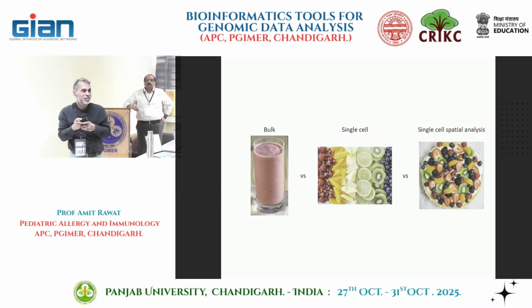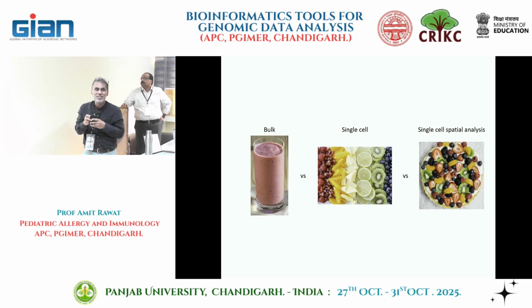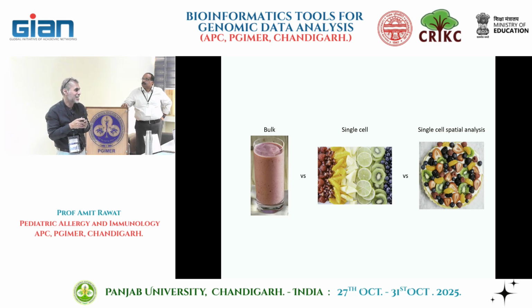So while your code is running, just a few things. When we think of transcriptomics, there are three layers to it: bulk transcriptomics, single cell, and spatial. The widely publicized analogy of bulk is a smoothie.